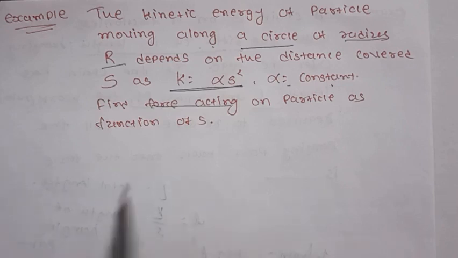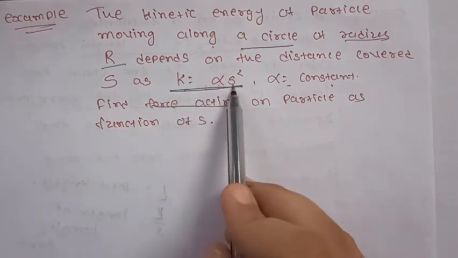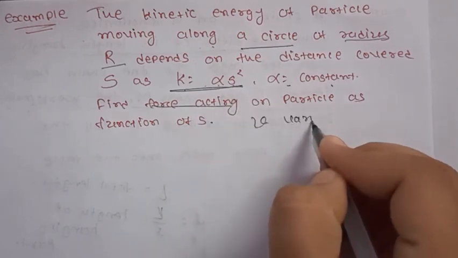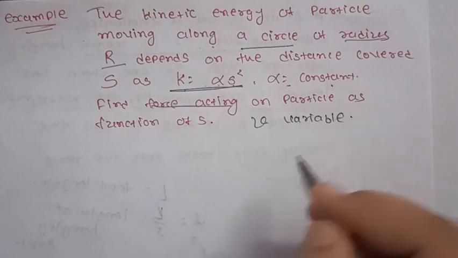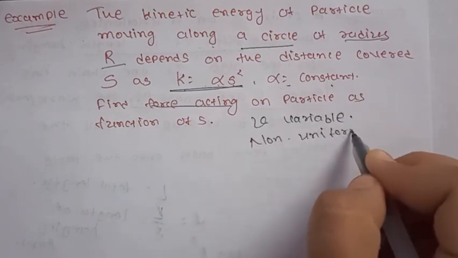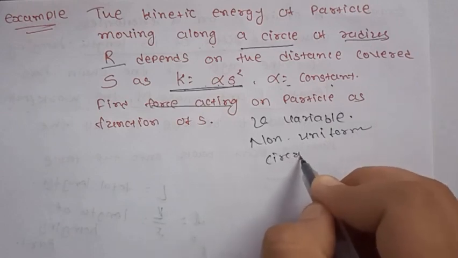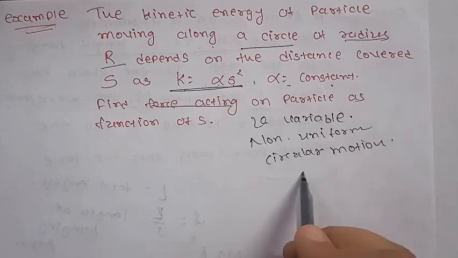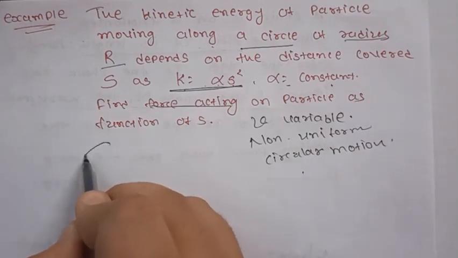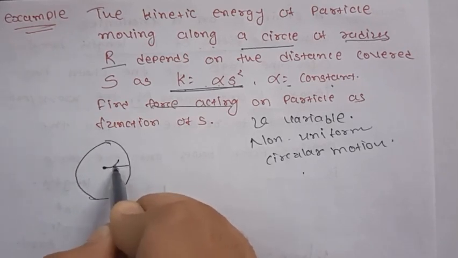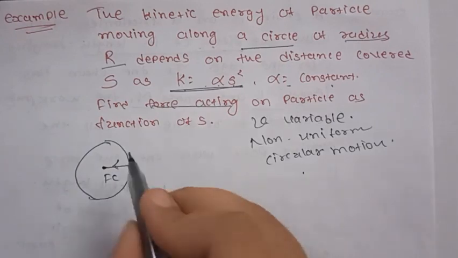Here, as the kinetic energy is variable, that means speed is variable. So it is non-uniform circular motion. In non-uniform circular motion, there are two forces acting on the particle. One is centripetal force towards the center.